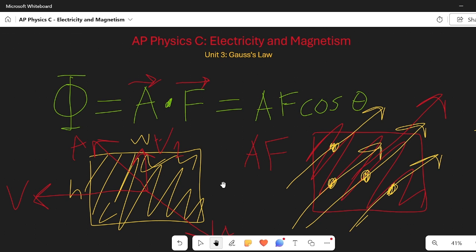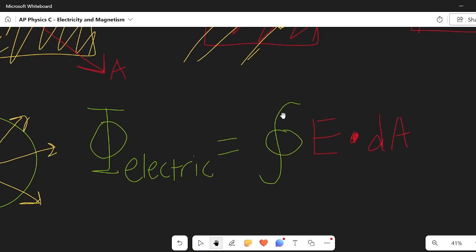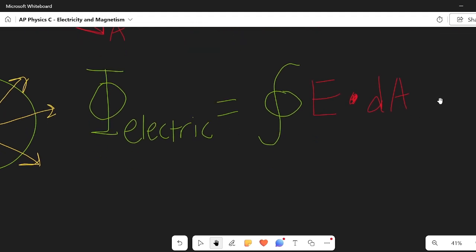So whenever we say something is changing, we instantly think of calculus, and what do we do when we think of calculus? We think of integration. I know that's a weird analogy, but essentially we just took that formula from earlier and integrated it with respect to area. So it'll appear like so, with the differential multiplied by the electric field.